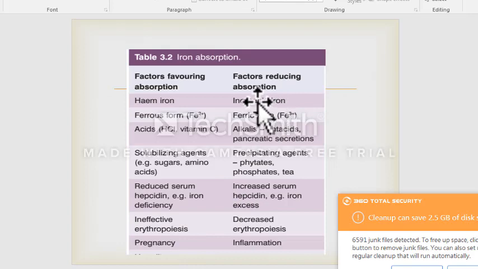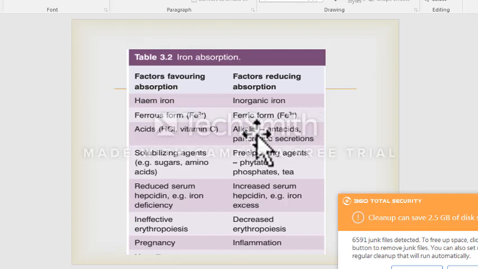These are the factors which reduce the absorption of iron. For example, inorganic iron in the form of ferric form. If the ferric form of iron is not reduced, and these agents like vitamin C, reducing sugars, amino acids are not present, the iron will not be reduced into ferrous form and its absorption will not occur.